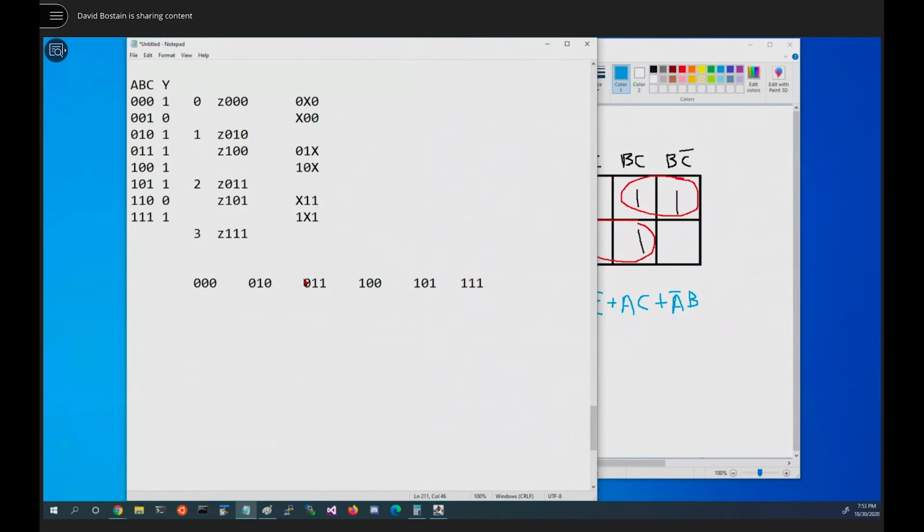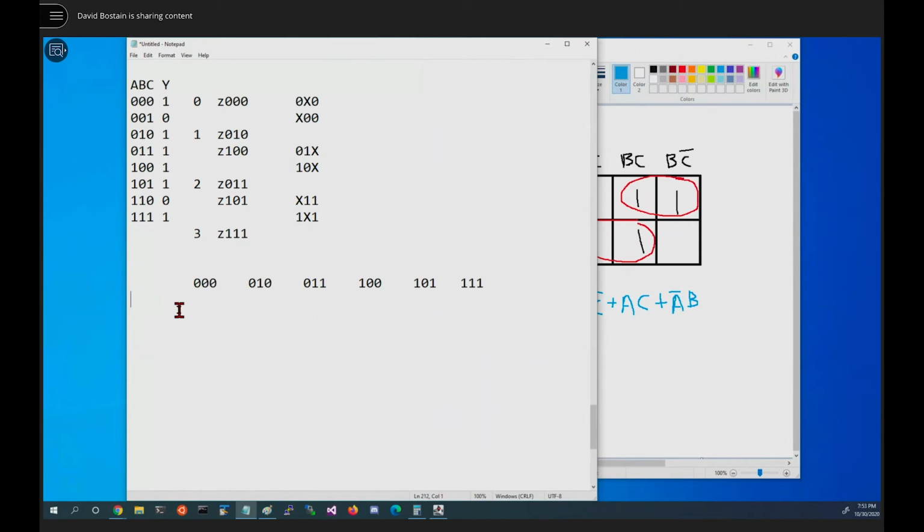Did I get them all? I think I did. And we're going to list our prime implicants as the row indicator. So first prime implicant is this guy, then this guy, then this. So we're going to take all of these guys in turn, and we're going to list them on a separate row.